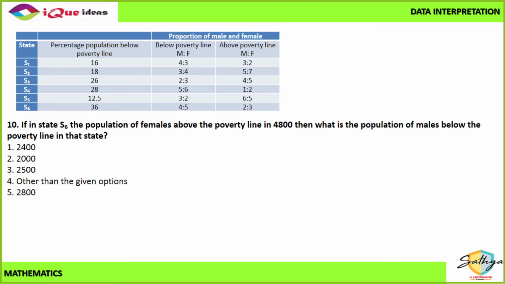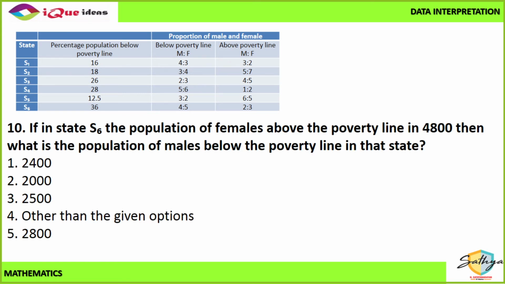Next. If in the state S6, the population of females above poverty line is 4,800, then what is the population of males below poverty line? If you have understood it, you should be able to calculate it very quickly.